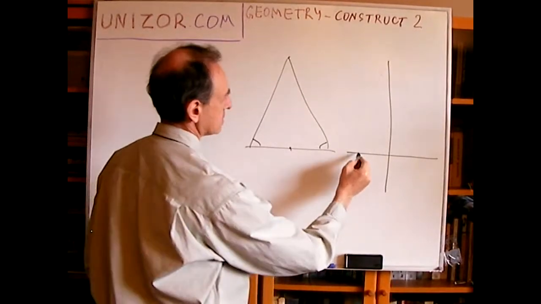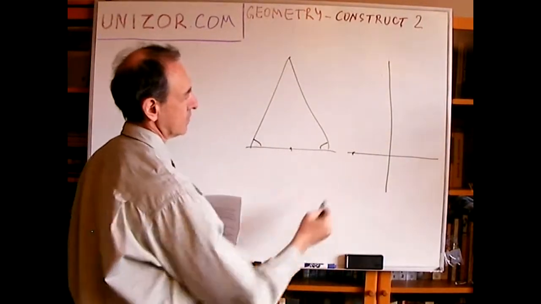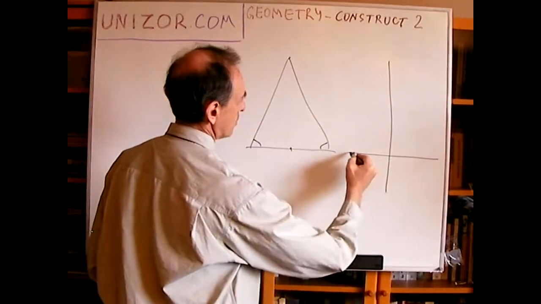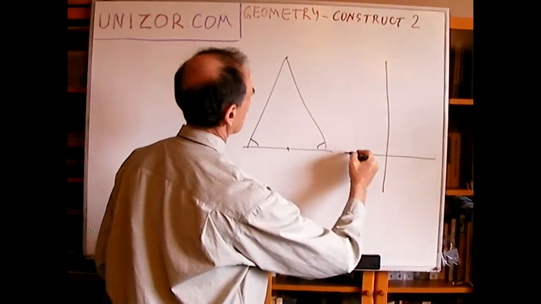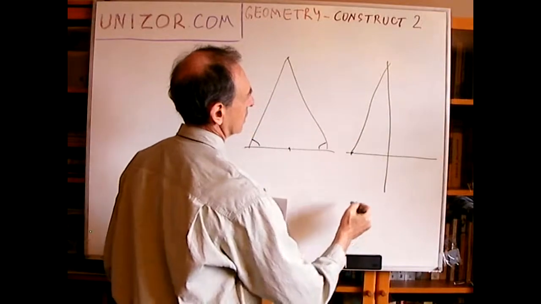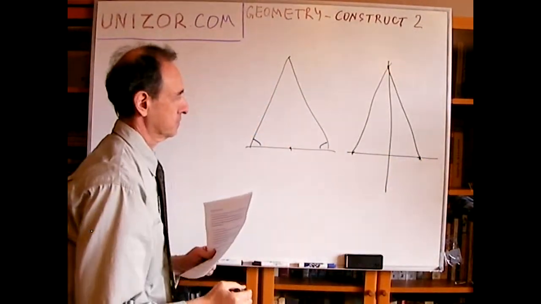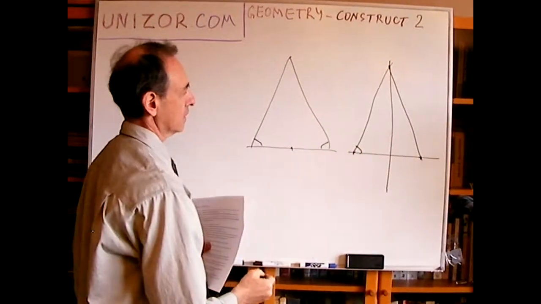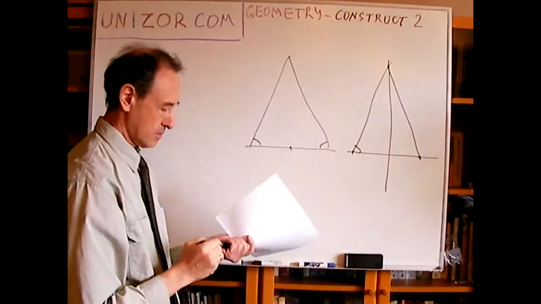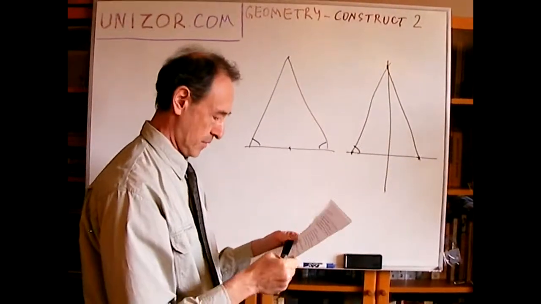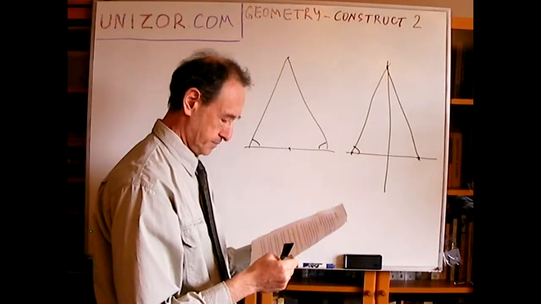First we do half a base here, then using this ray we build an angle congruent to the given one, and then basically another half would be on this side. So we built an angle congruent to this one. That's how it's reduced.